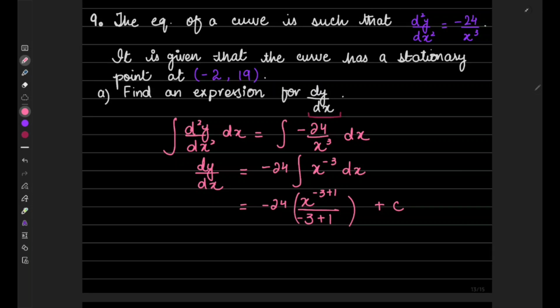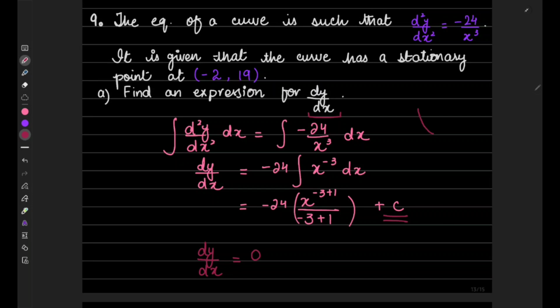Now, what do we know about this? Is any condition given to us to be able to find out this constant of integration? Yes, they said that it has a stationary point. And where do we have a stationary point? When we have the first derivative equal to 0, that gives you the stationary point.